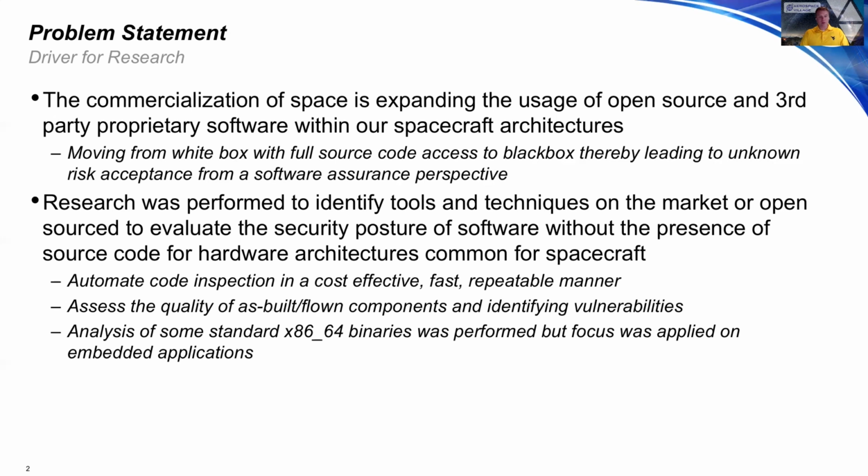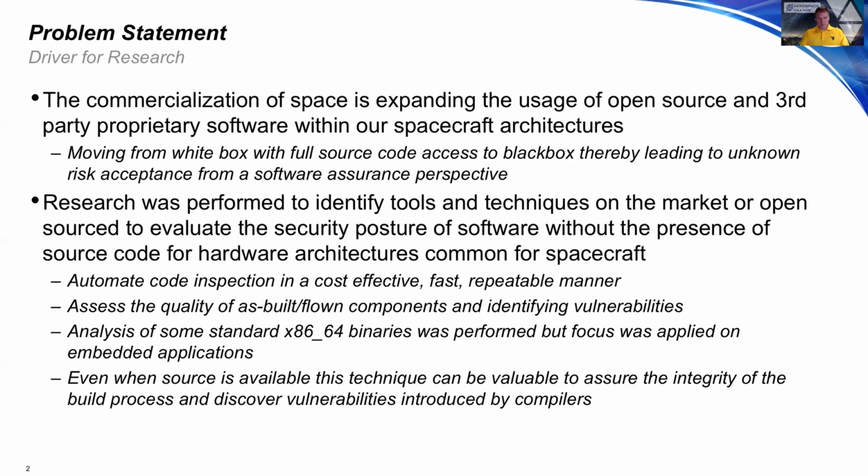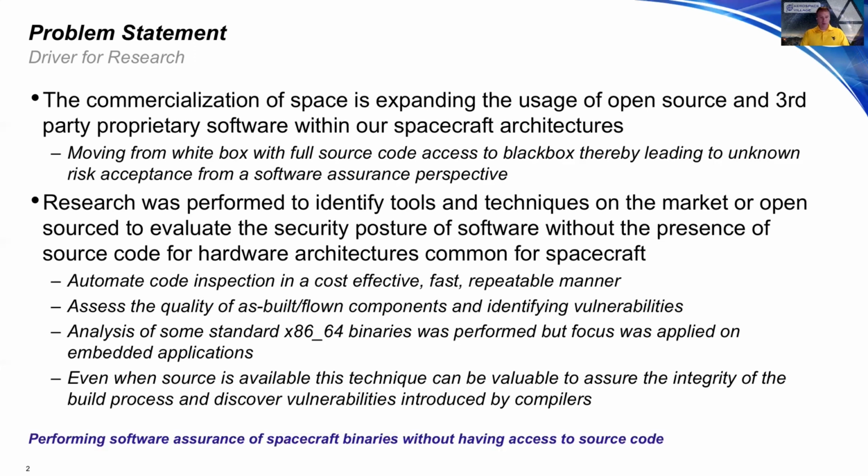The ground system software that we are working with these days is also becoming somewhat of a black box. So we wanted to not leave that out, but really did want to focus on the embedded side. And as stated earlier, we wanted to look into the integrity of the build process and see if there are any vulnerabilities that were introduced by compilers.